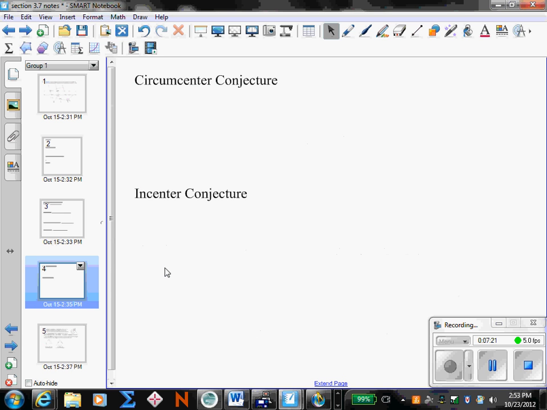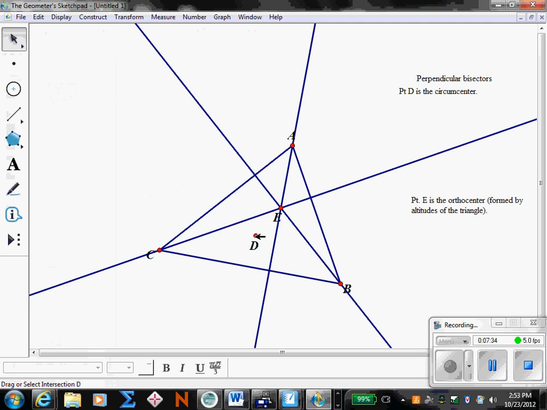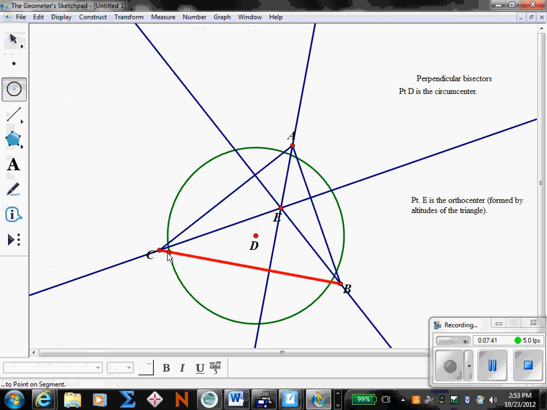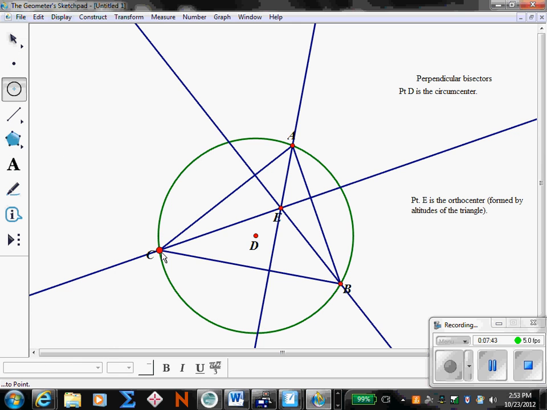The circumcenter conjecture is the circumcenter is equidistant from the vertices. So we're going to go back to our picture. Point D is our circumcenter, and we have done this before where we made a circle. So you can see if we make the radii the length of CD or CA or CB, you can see that D would be the center of our circle.